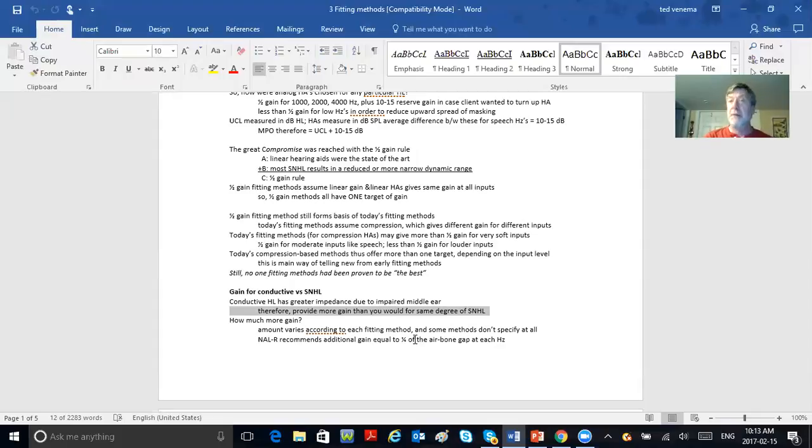Conductive loss you'll be amplifying by a little bit more, by about 1/4 of the degree of the air-bone gap. That's why some manufacturer software asks you, is it conductive or is it sensory neural? Because if it's conductive, it's going to edge a bit more toward more gain. But enough on that.